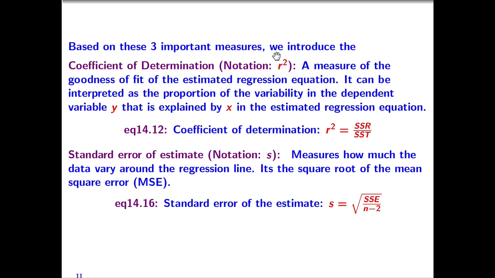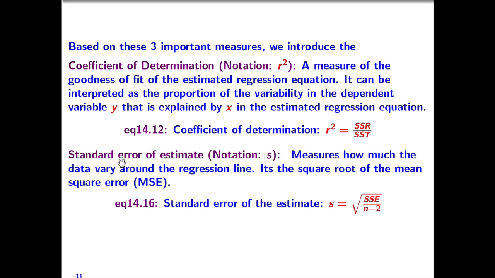It can be interpreted as the proportion of the variability in the dependent variable y that is explained by the independent variable x in the estimated regression equation. And here's the equation for calculating the coefficient of determination. R squared equals SSR over SST. And we want this value to be close to 1 to get a good model.